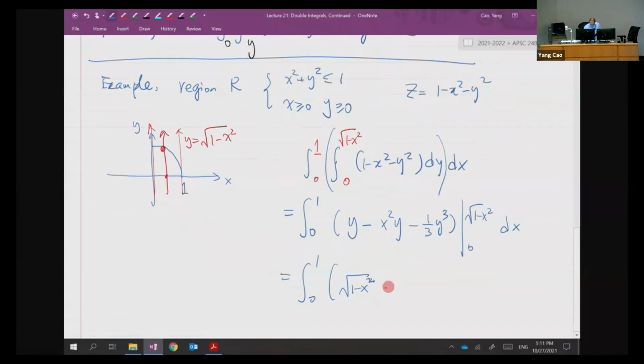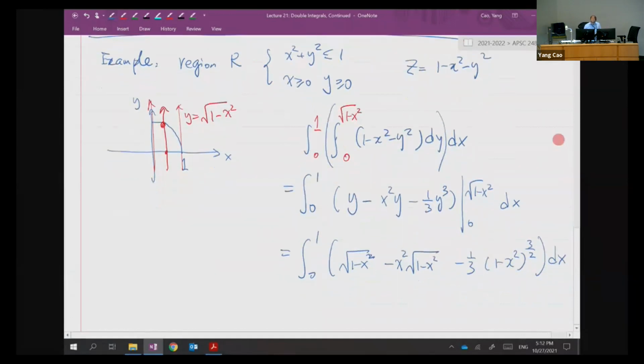The next one is x squared times the square root of 1 minus x squared. And the last one you get 1/3, times the square root of 1 minus x squared to the 3/2, and dx. The other limit is 0, so when you plug 0 into the y value here, you get 0 for everything.